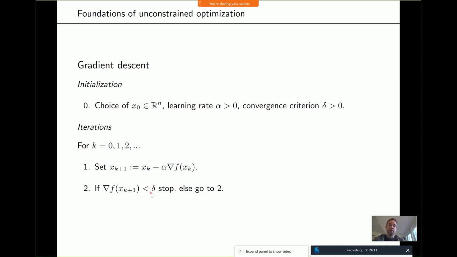If this is smaller than some value larger than 0, then go to 1. That's definitely the second. If I count the Hessian as just one typo, then this is the second typo. This should be, of course, go to 1 again.